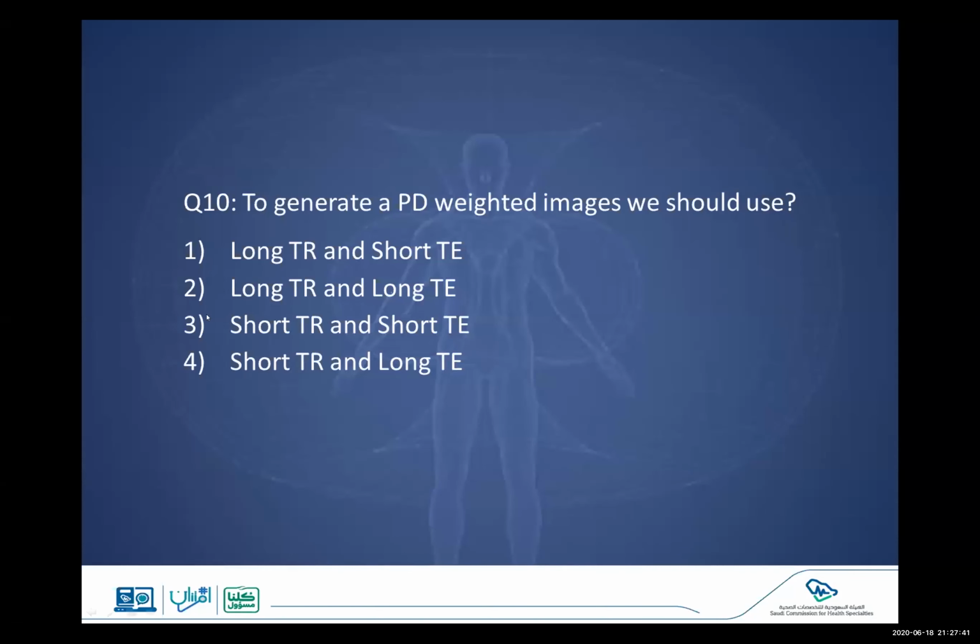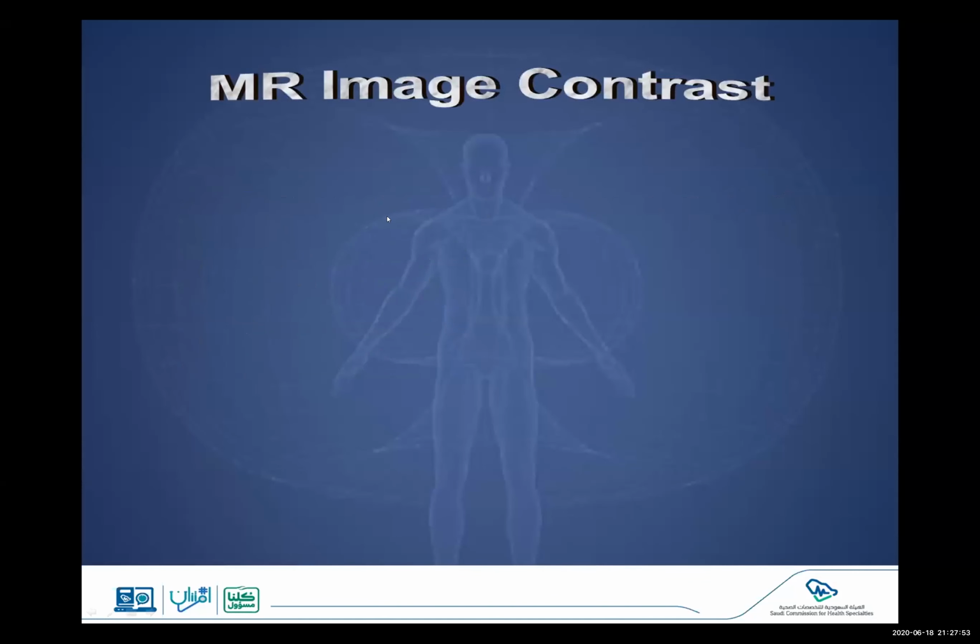Okay, the correct answer is long TR and short TE. Long TR will allow protons to recover, and short TE will not show dephasing and eliminates the effect of T2 in the image.